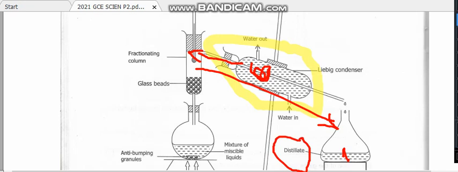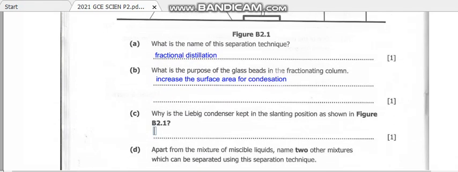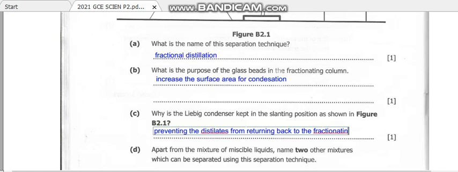Okay. So the answer is preventing the distillate from returning back to the fractionating column.